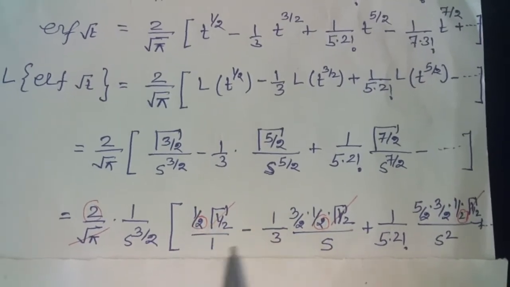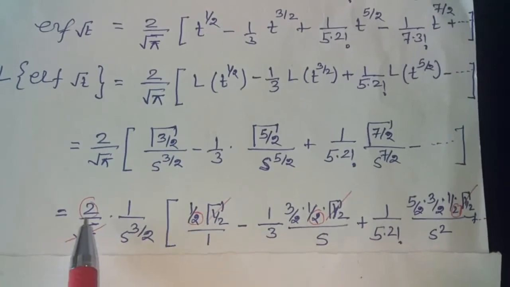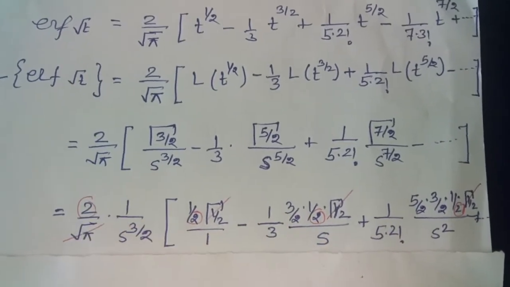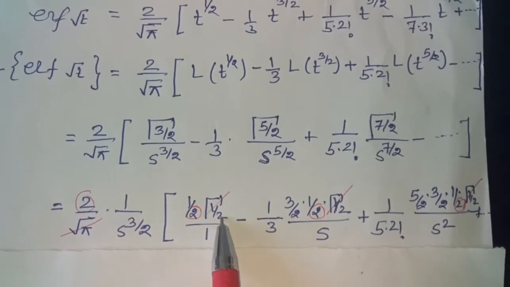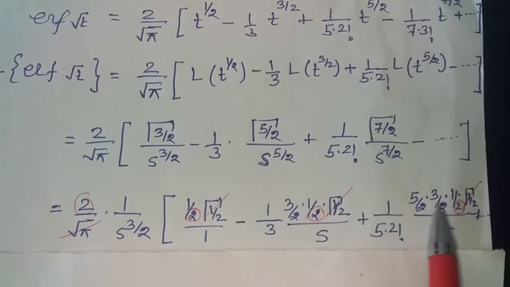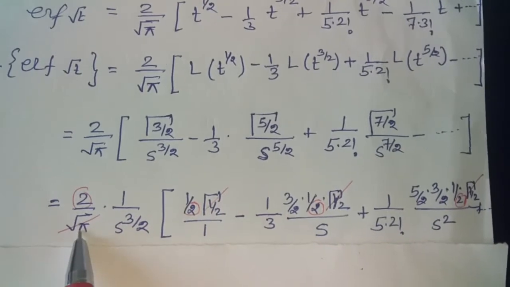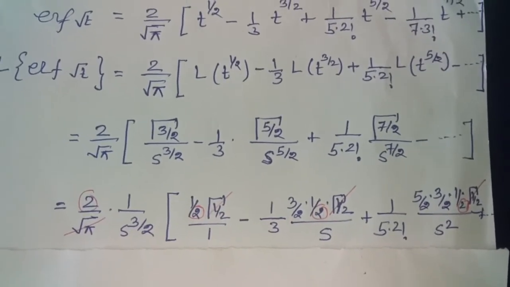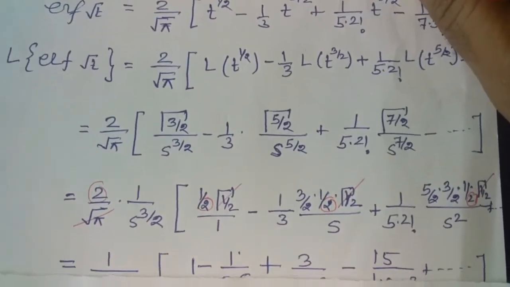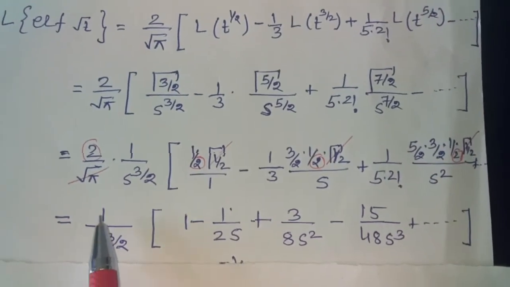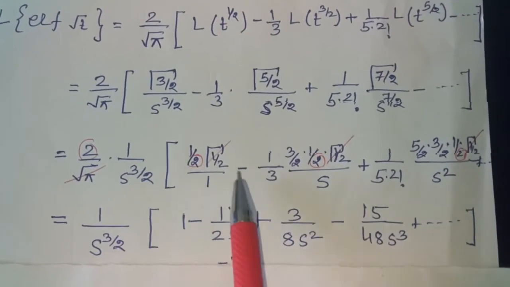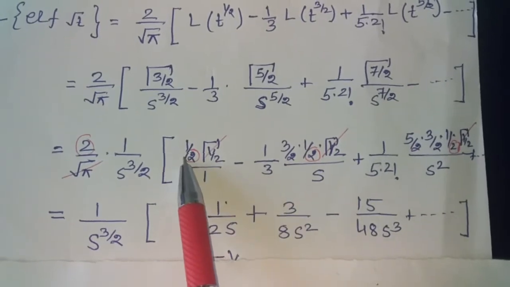So here 1 by 2 common from each factor, and that 1 by 2 cancels with this 2. Also gamma half is root pi. So root pi is common from each factor, and then root pi is cancelled with this root pi. So we have 1 upon s power 3 by 2. Here we have 1 because 1 by 2 is common.